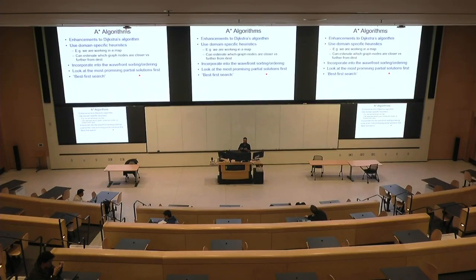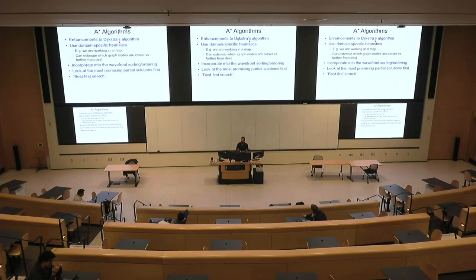A-star is a collection of algorithms that build on top of Dijkstra, but they try to limit the search space, or they try to reorder how we visit the candidate nodes based on some intuition from the developer, and from the knowledge we have about the underlying problem, which in this case is the graph of a city map. We do this to try to reach the destination faster and save some of the CPU time. These are called domain-specific heuristics.